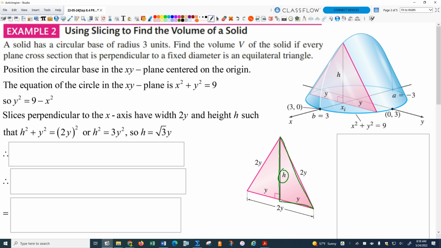And so the area of the cross-sectional triangle is just going to be half the base, which is y, times h. Easy. How did you figure out the hypotenuse was 2y? Because it's equilateral, right? So if that's y, the base is 2y, it's equilateral, so all the sides are 2y. Okay?